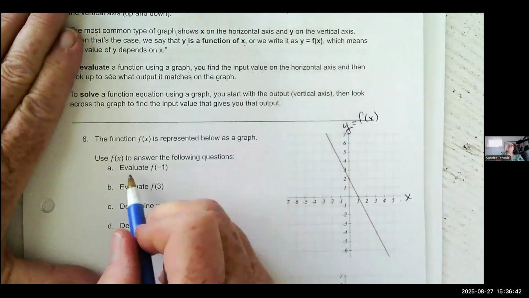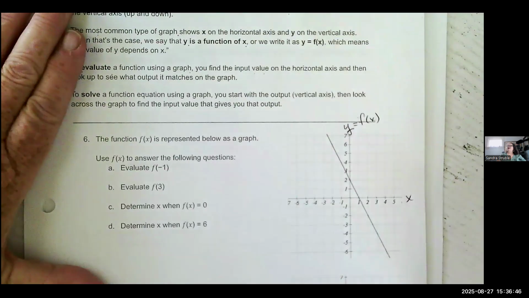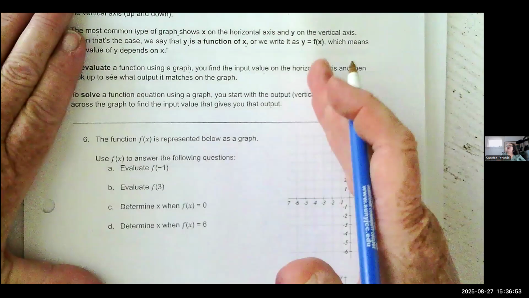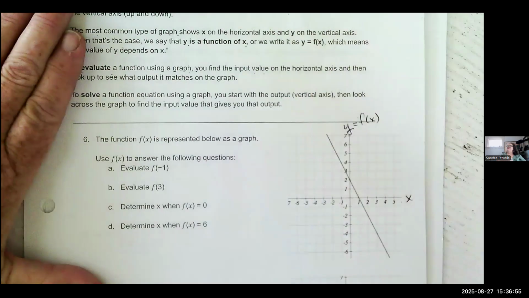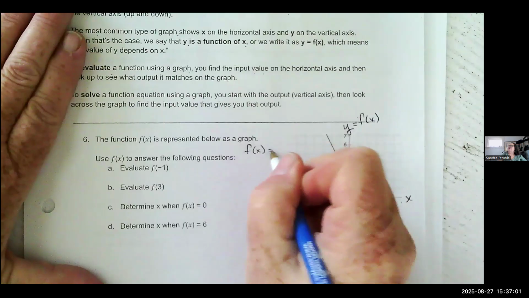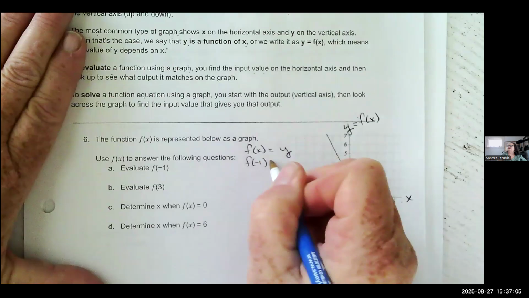So let's come down here and do these. I'm going to evaluate f of -1. When we're doing any of these, they're all relating to ordered pairs. So -1 on this graph has a y value that matches it. If you think of this as f of x equals y, then f of -1 is equal to what?